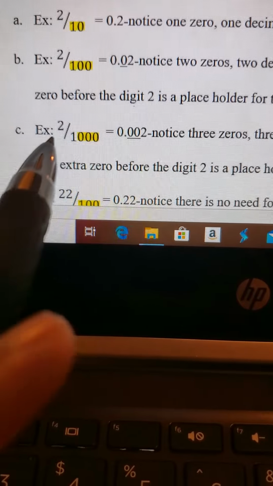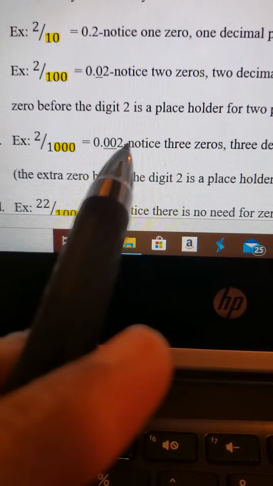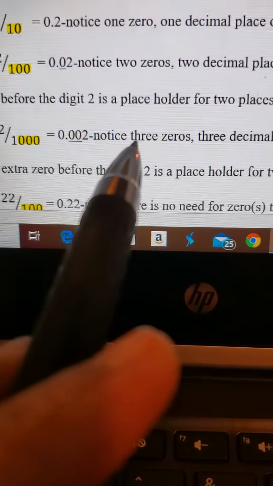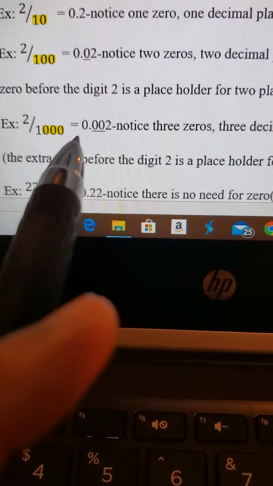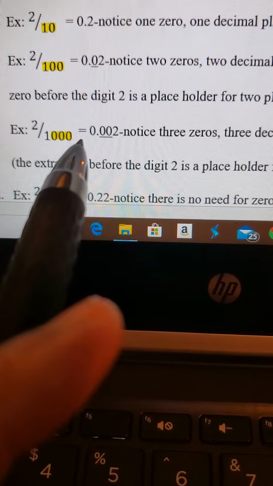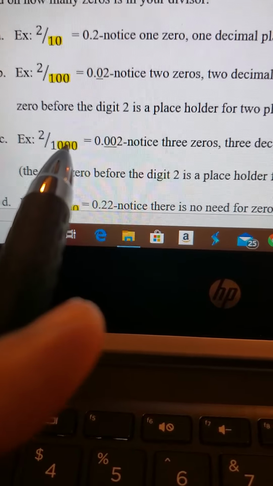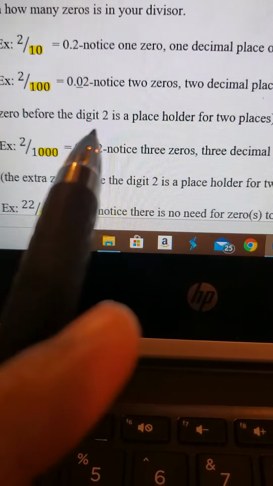Here we go. We have another example. We have 2 thousandths, right? Again, written, 2 should be in the thousandths place. And because the thousandths place is 3 places, because there are 3 zeros, that's just an observation. It's not a mathematical theory. Hey, 3 zeros, 3 places. 2 zeros, 2 places. 1 zero, 1 place.